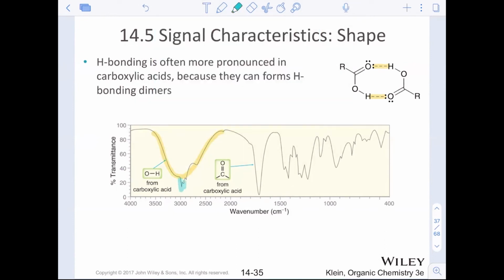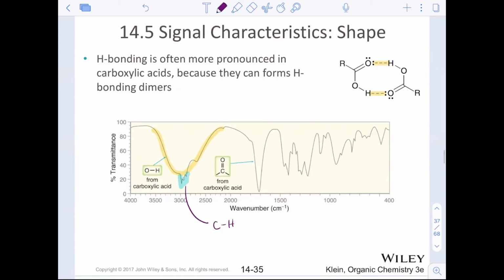Why it's narrow right down here is because this most likely is from our CHs overlapping with the OH from up here. The OH is the broad part and it's expanding past 3,000 rather than staying put at 3,400 centimeters to the -1. Now, that is specific to a carboxylic acid because the hydrogen bonding is more pronounced because of the two locations of hydrogen bonding.